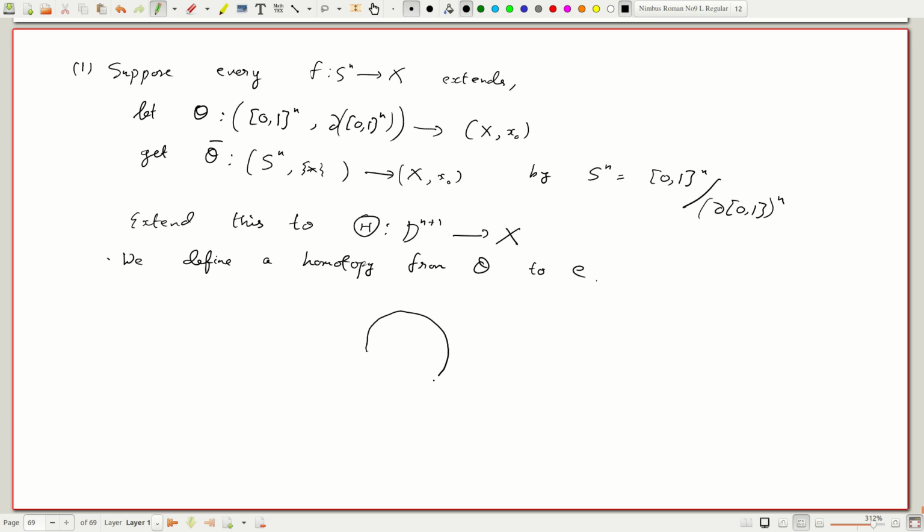That is, we have the sphere, and we can take a whole family of spheres inside it. This is the base point star. This point is the base point star, so this goes at all times to it. First we have a family of maps.